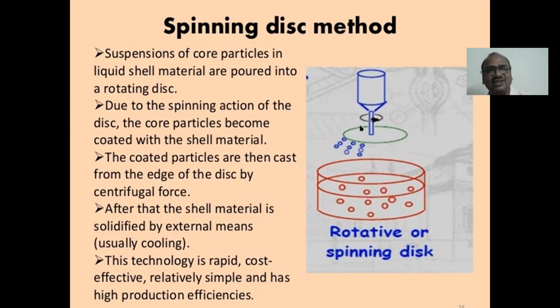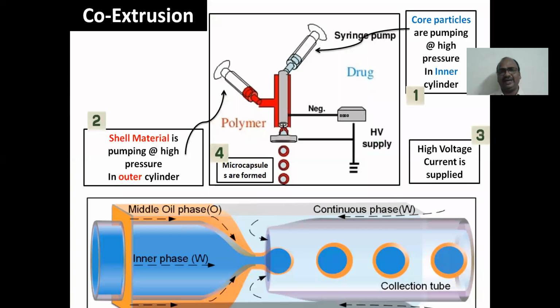That's why it is called a spinning disc, rotating disc. Due to the spinning action of the disc, the core particles pass through the small holes. When they are moving, automatically the shell material gets deposited on the core material.